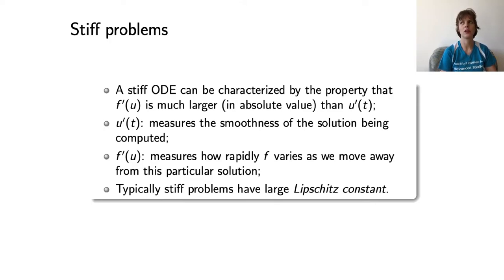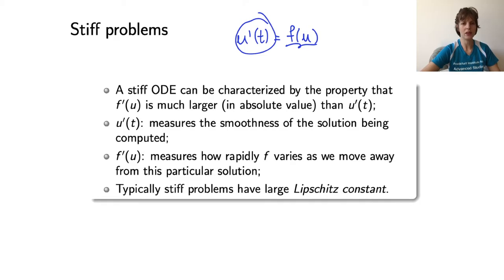So if we have some system like this, f of U, the variation of this function on time, or on U actually, is much larger than the variation of U itself.